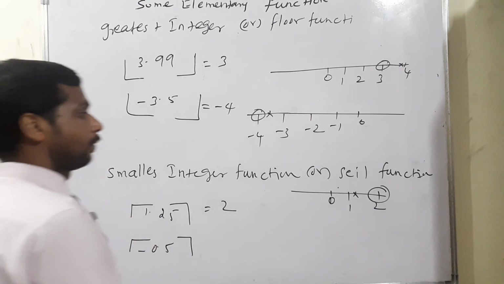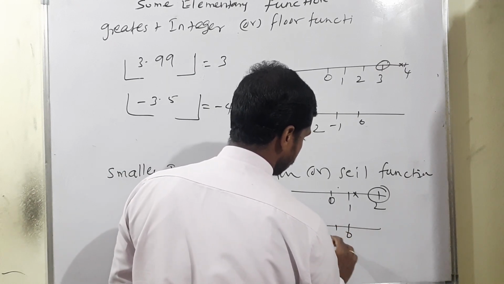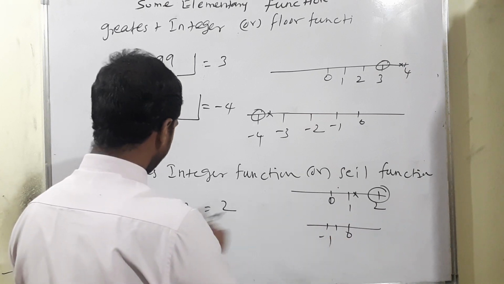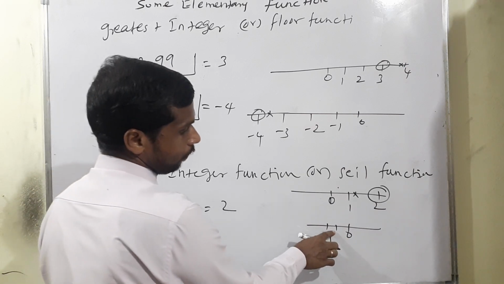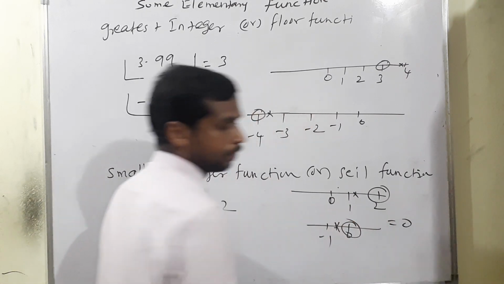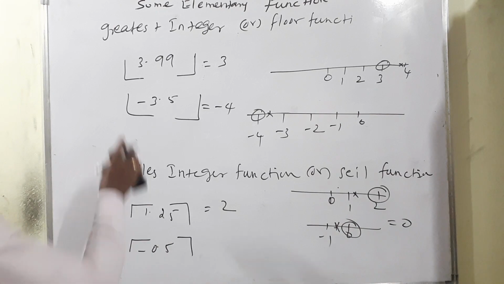On the number line, this is 0 and this is minus 1, and minus 0.5 is in between. Minus 0.5 comes here, but on the right side there is only 0. Therefore the answer is 0. This is the right side, and this is called the left side. Greatest integer function means the left side. Okay, so another one, the signum function.